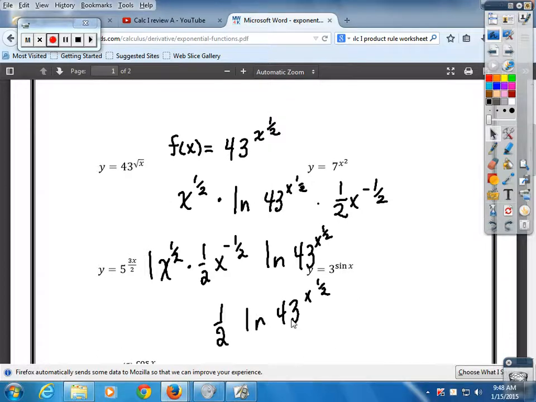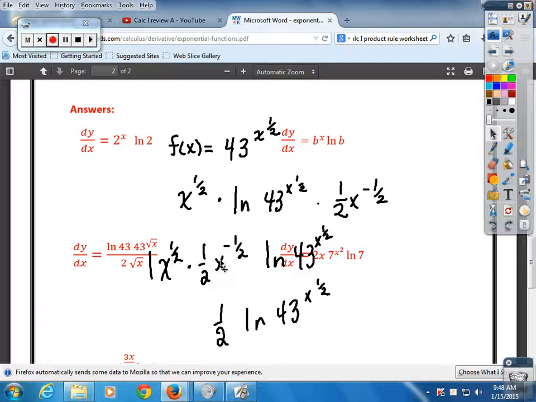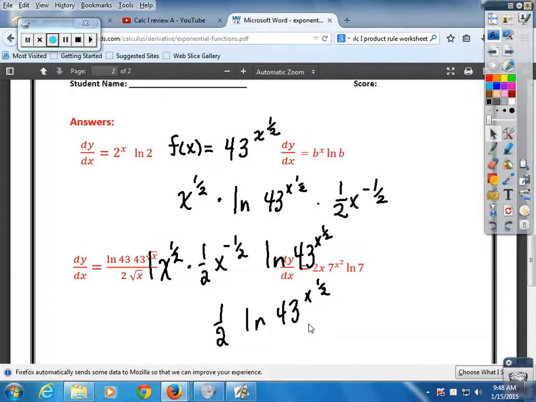Okay, probably, yep. Let's see what they got. Natural log of 43 x to the 1/2. Well, we got that much right, but we forgot 43, and there's the 2. I got a couple of things wrong.